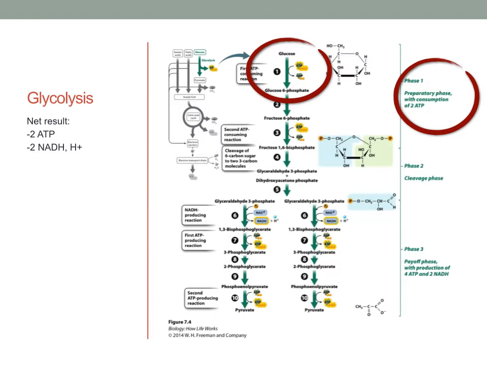And it will be attached on the carbon 6 of the glucose, so it will be called glucose 6-phosphate. It doesn't mean that it has 6 phosphates, but it means that the phosphate group is added on the carbon 6 of the glucose molecule.